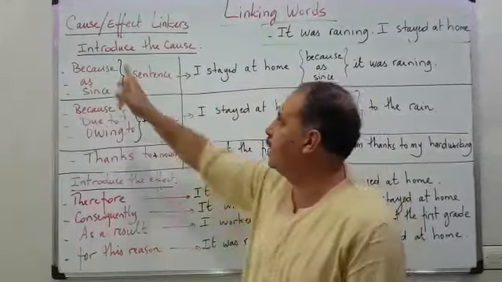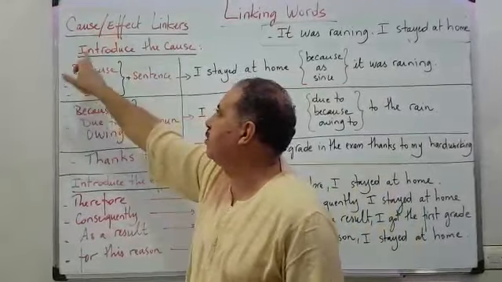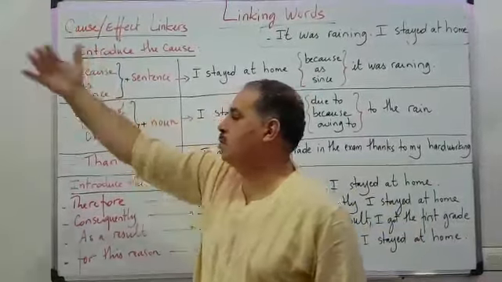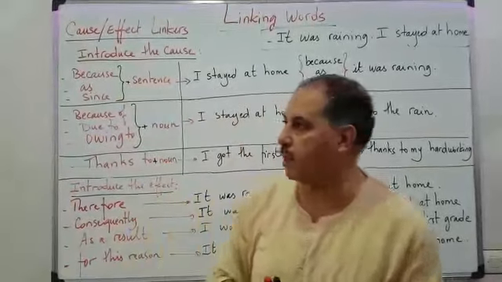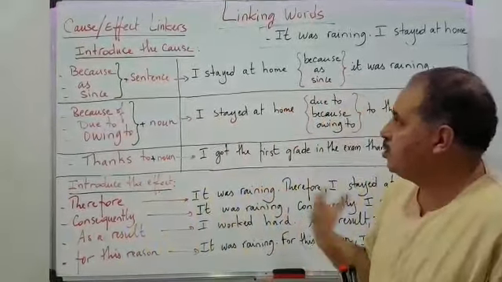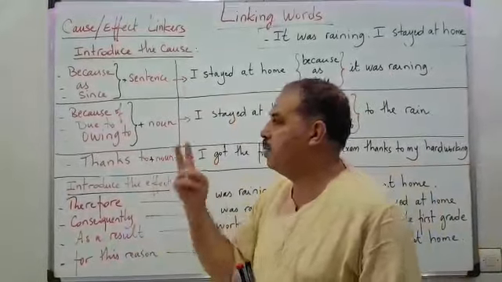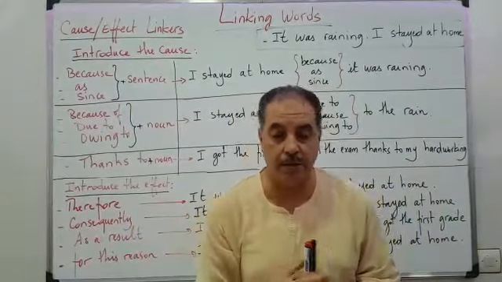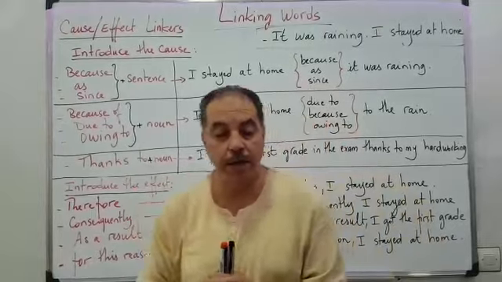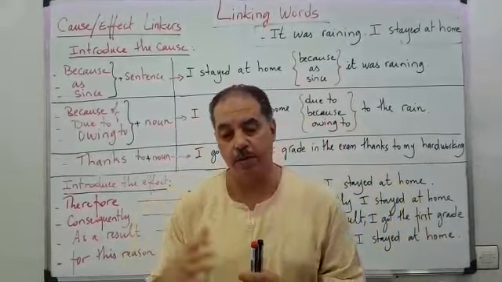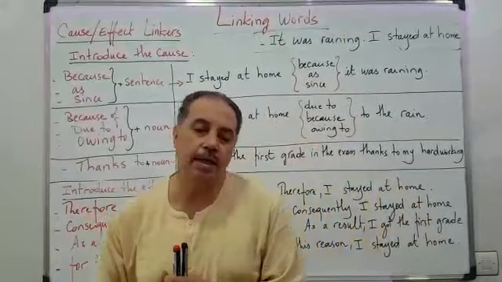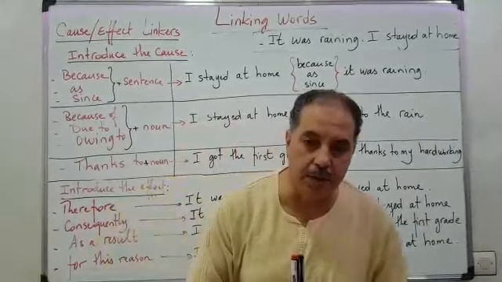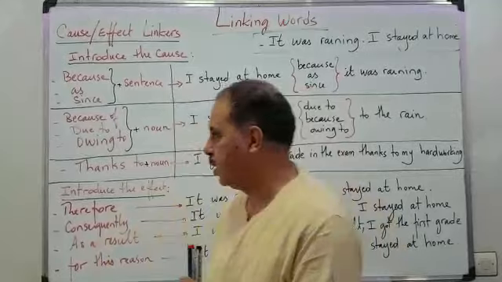Cause and effect means the cause of something and the consequence of something. So as you may notice, we are going to talk about two kinds of linkers, meaning the linkers needed for introducing the cause and linkers needed to introduce the effect or the consequence.